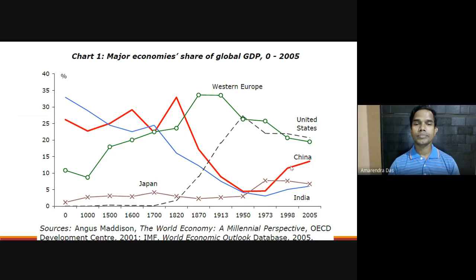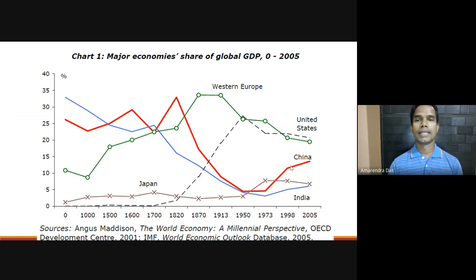Now, if you see the United States' share, it was very low, and then it has gone up. Our focus here is not on the other countries, but of course, it's a relative perspective. Earlier India was at the top, followed by China, and then Western Europe.